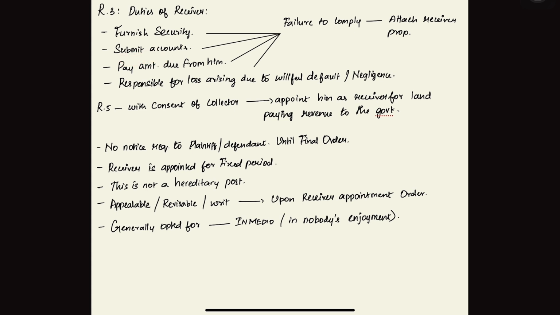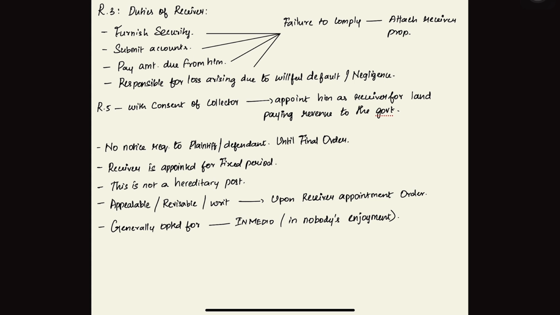If any amount is due on the part of the receiver to pay to the court, he must pay, right? So he should pay amounts due from him, and he is responsible for the loss arising due to his willful default and negligence.